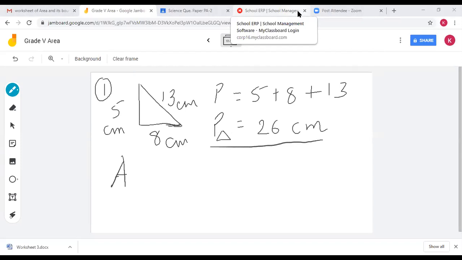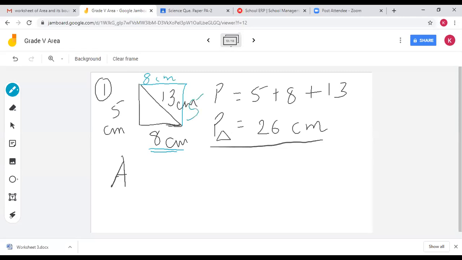So we have to make it as a square. In the figure it looks like a square, but since this is 8 centimeters, this is also going to be 8 centimeters, and this is also going to be 5 centimeters.